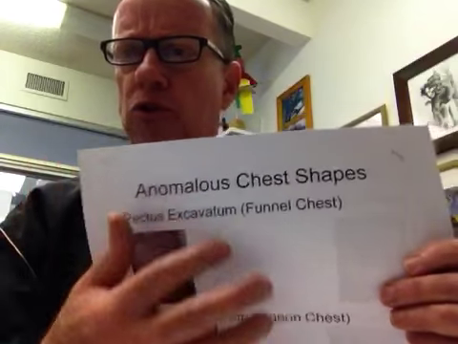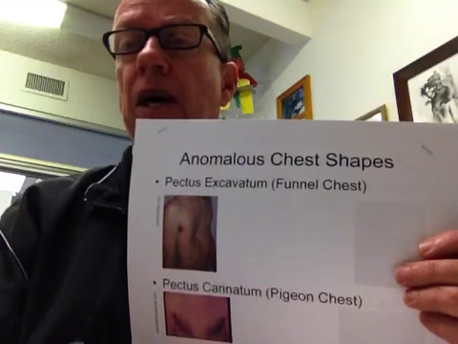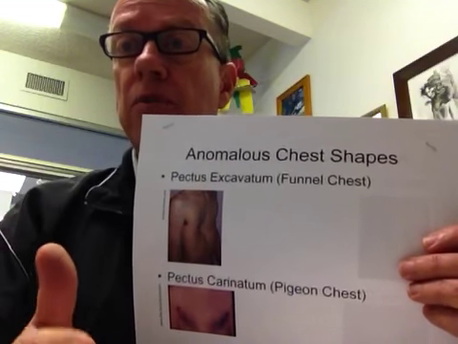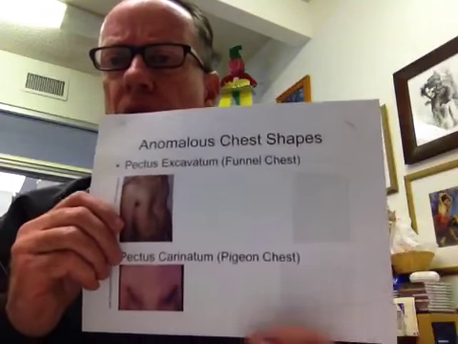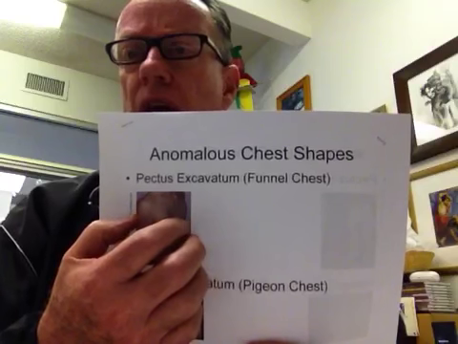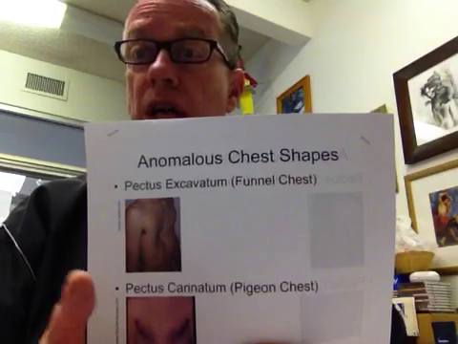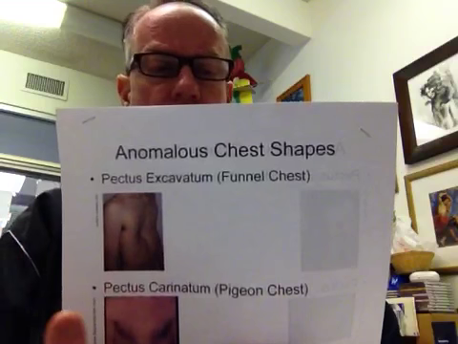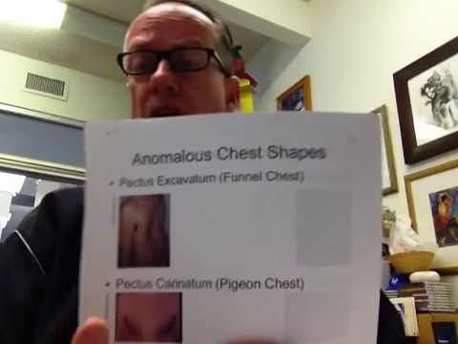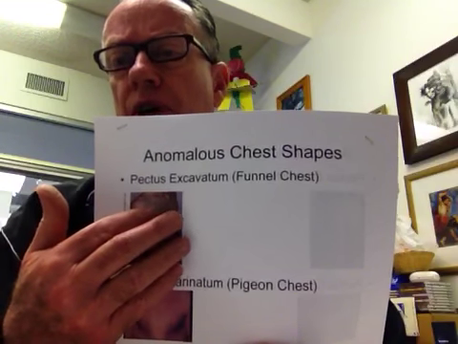And then I'm not sure that you've had exposure to this, but as a result of anomalies, people genetically predetermined to have challenges in the potential space of the thoracic cavity that can influence lung and heart function. One anomalous posture is pectus excavatum, or funnel chest, where there's depression of the sternum.